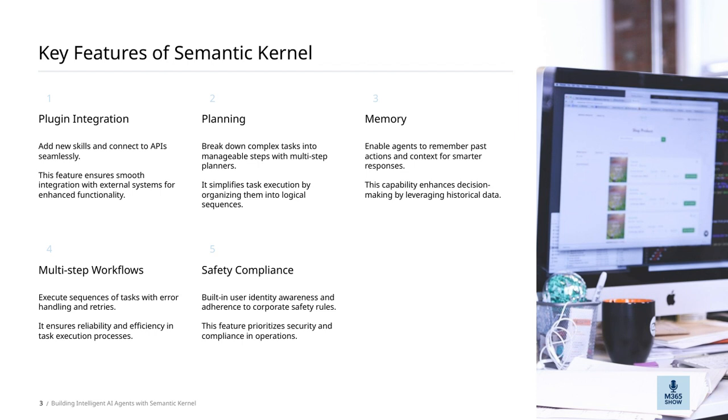Finally, plugin integration allows us to add new skills and connect seamlessly to external APIs. This flexibility ensures our agents can expand their capabilities and integrate with various systems effortlessly. All these features work together to create more capable, secure, and adaptable AI agents, aligning perfectly with our goal of building intelligent and reliable automation solutions.